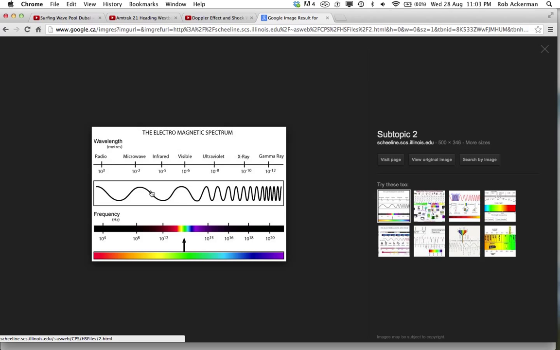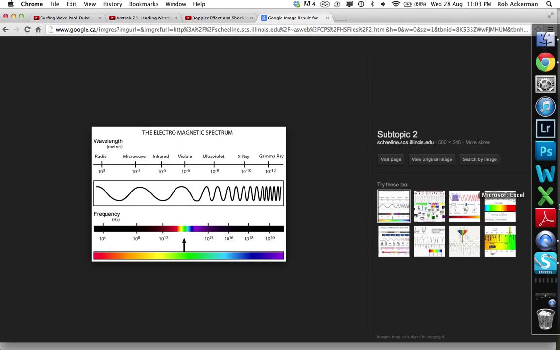Look familiar? We've seen this before. Radio waves have a very long wavelength. Gamma rays have a very short wavelength. Well, guess what? Look at the frequency of these waves. Very low frequencies for the long wavelength waves, and very high frequencies for the short wavelength waves.